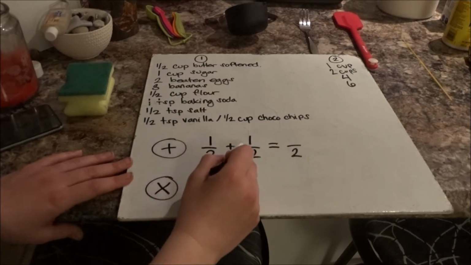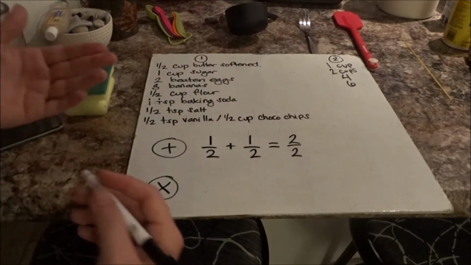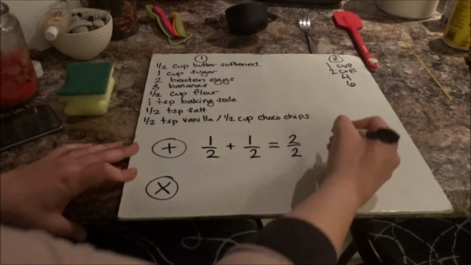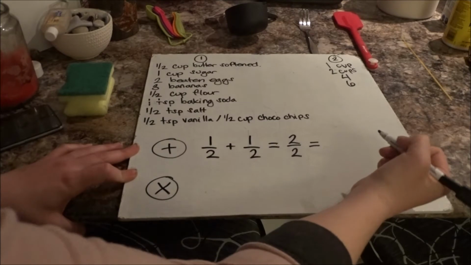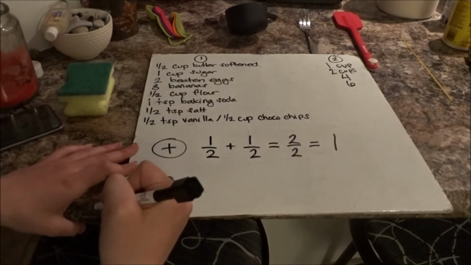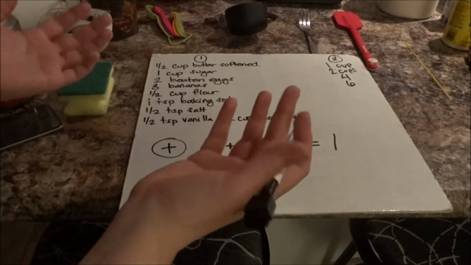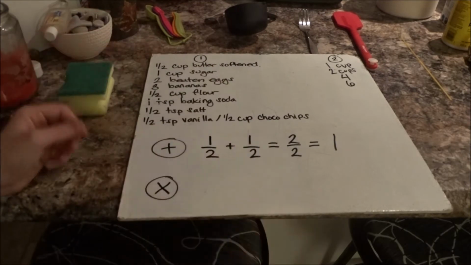So 1 plus 1 equals 2. Now if you have 2 over 2 of something, it is actually equal to having a full one. If you have half of an orange and you add another half of an orange, you got a full orange.